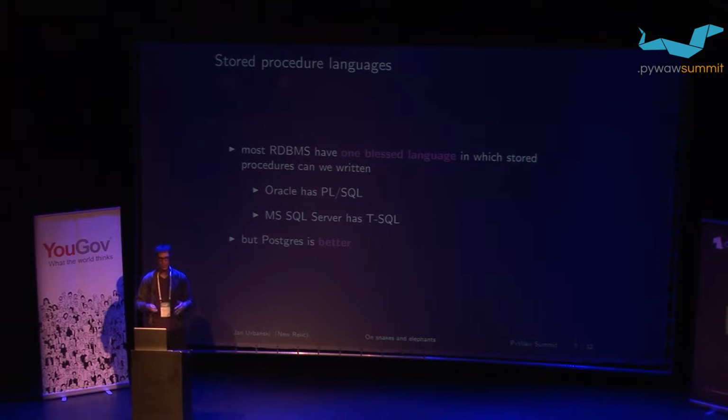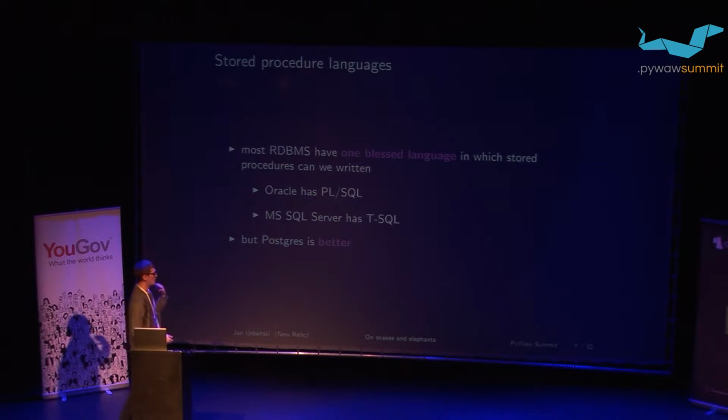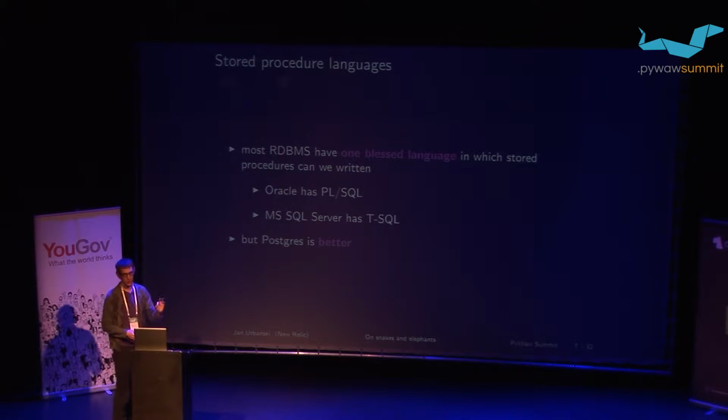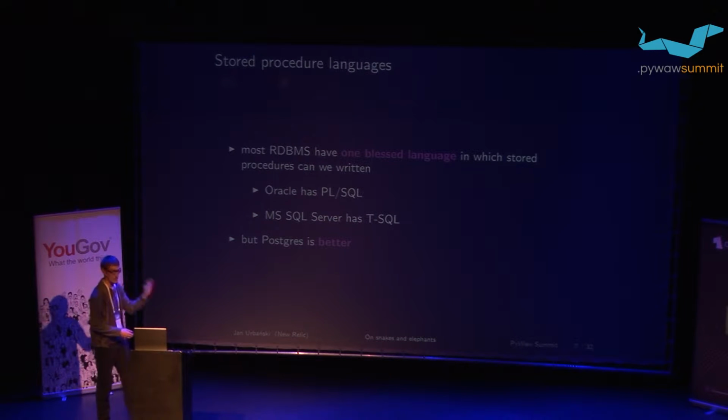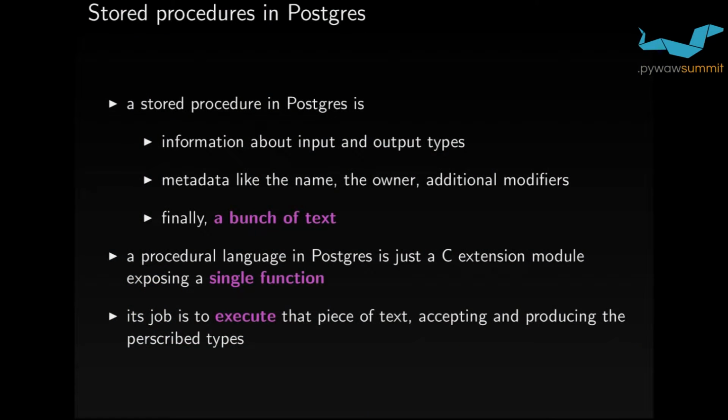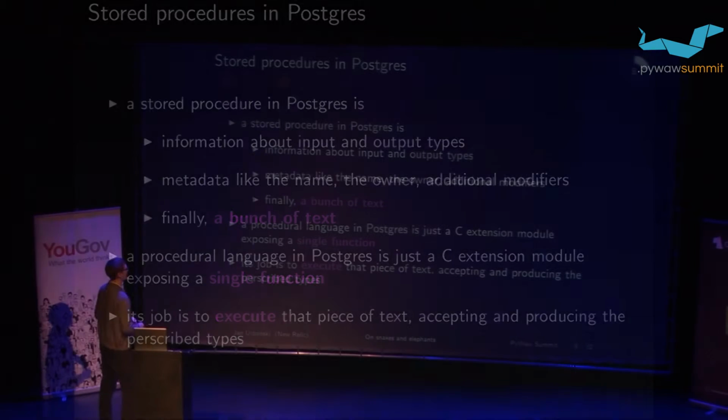If you're unfortunate enough to work with Oracle, you will be writing PL SQL. Or you will be writing Java, which is so sad, I haven't even put it on the slide. If you're running MS Server, you will be writing Transact SQL. Now, as a common theme to this talk, Postgres is better. This will reappear several times.